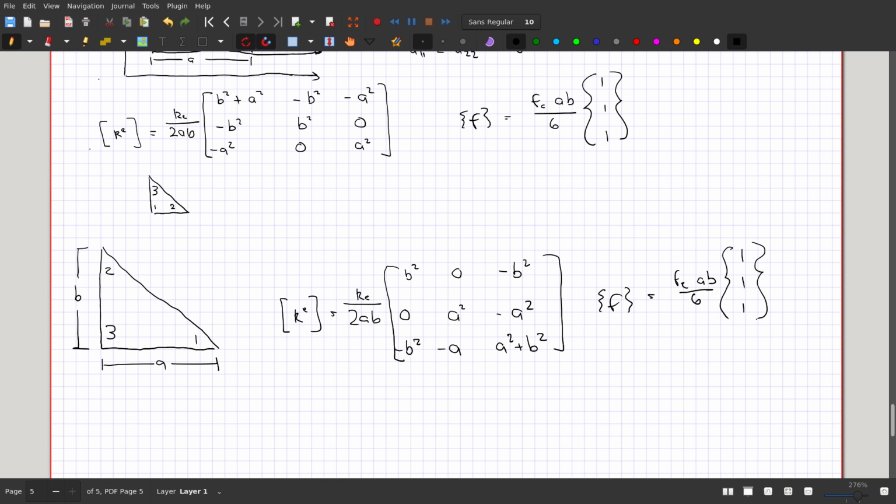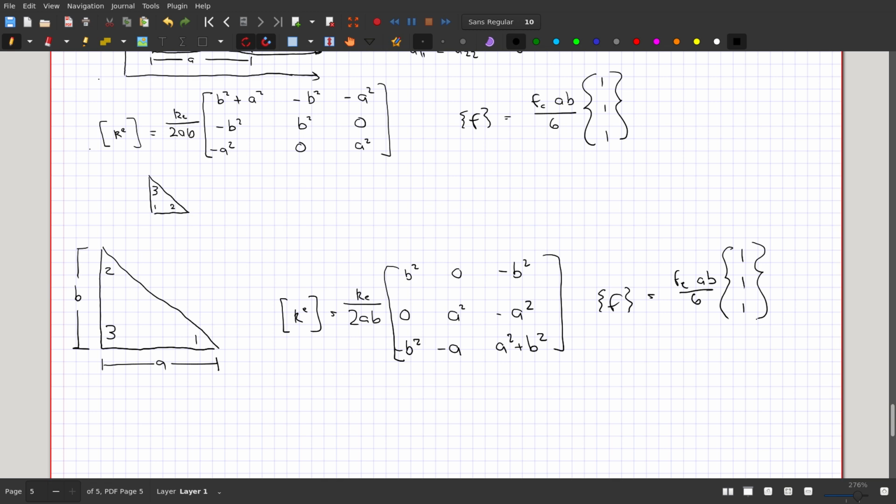So if you started with that one, you would swap the first row and first column for the third one, and then the second row, second column for the first one. Or I think you go the other way, right?